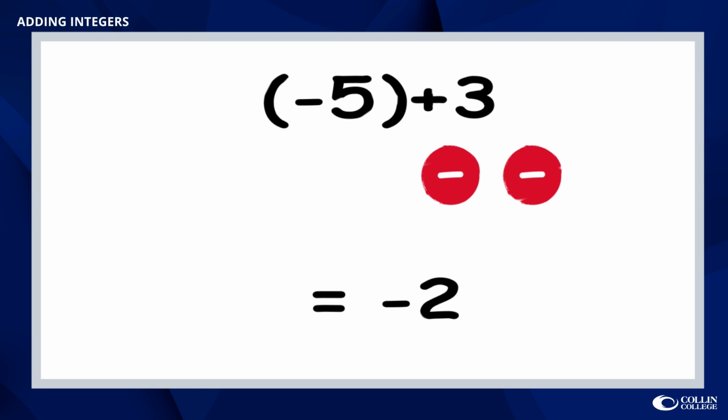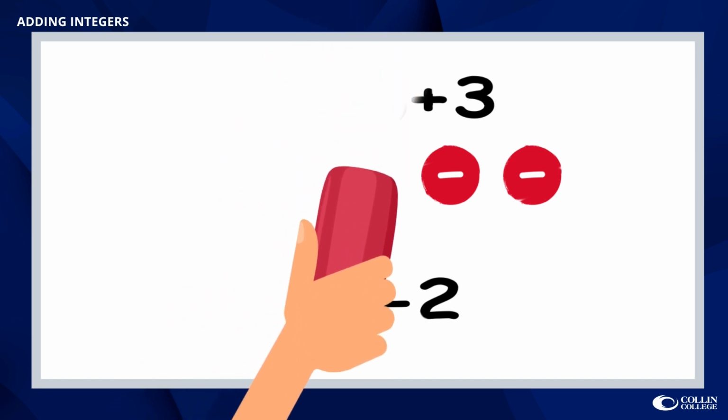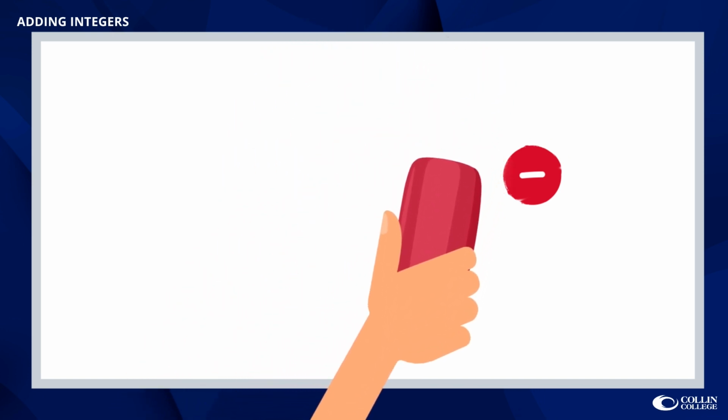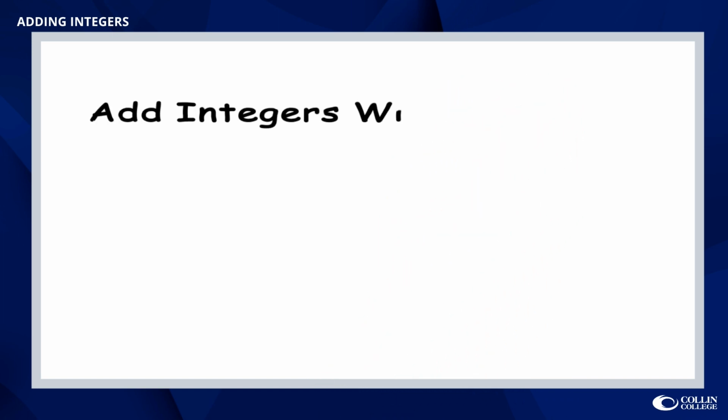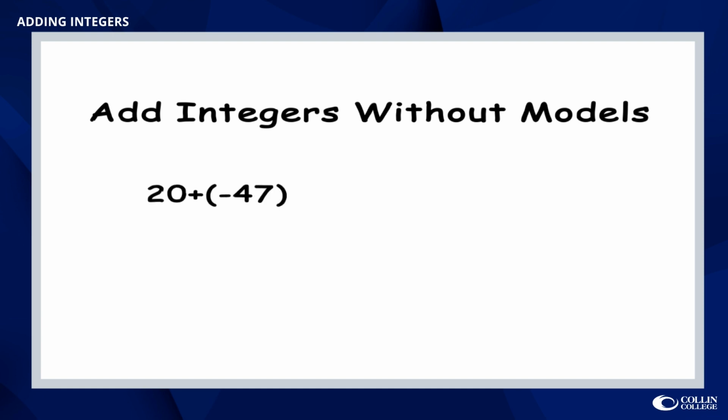Now what happens when we can't model our addition with smaller numbers? With this, we can make small circles and look at them. But what about when we have big numbers like 20 plus -47? Well, I noticed that I have some positive numbers and some negative numbers, which means I have 20 blue circles and 47 red circles if we were going to model this.